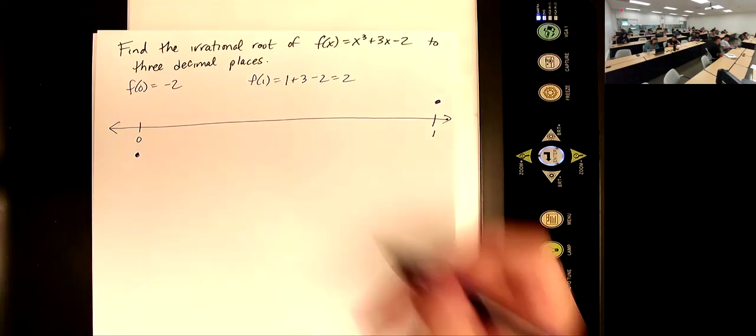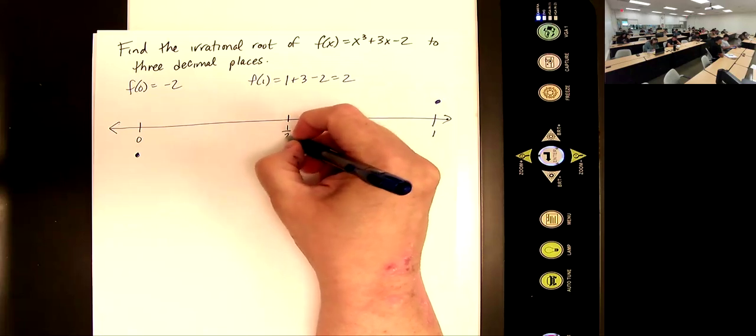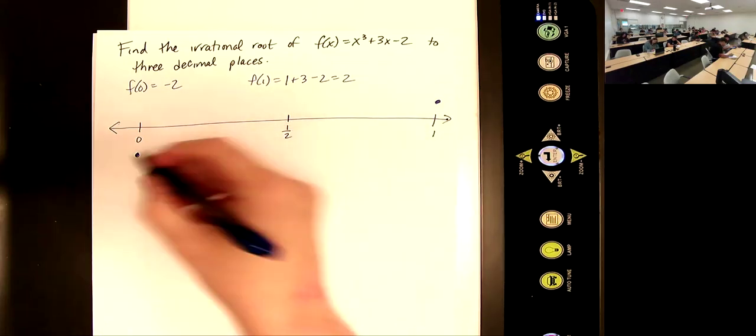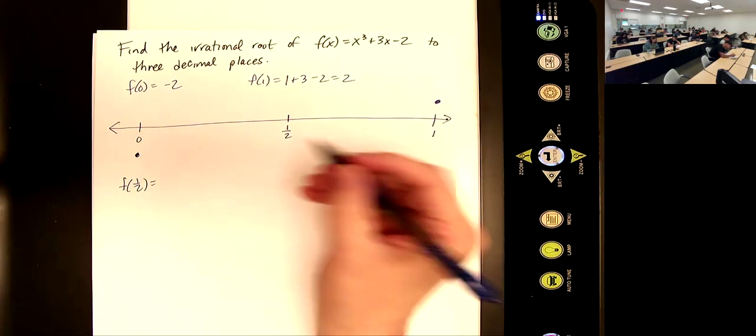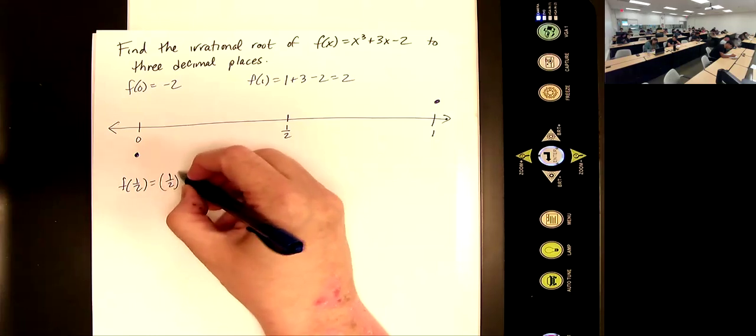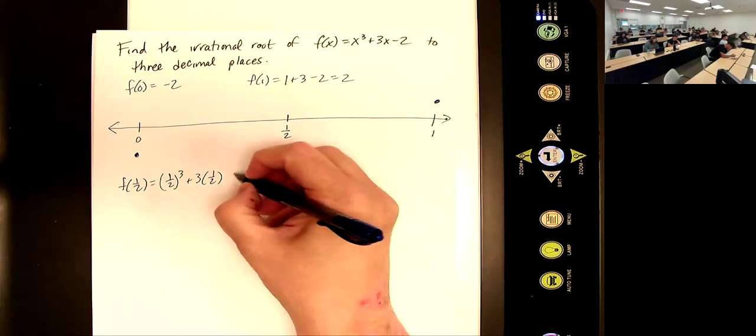So maybe let's try 1/2. F of 1/2 is 1/2 cubed plus 3 times 1/2 minus 2.